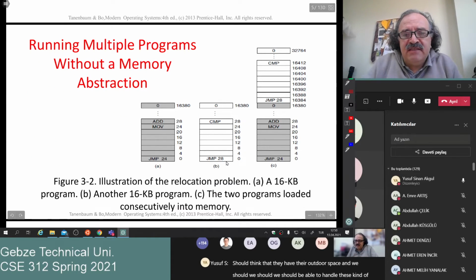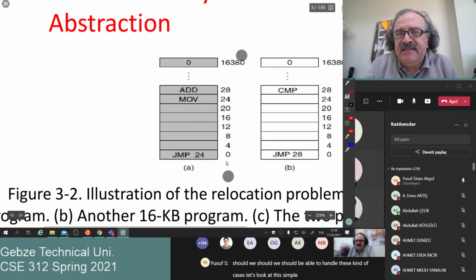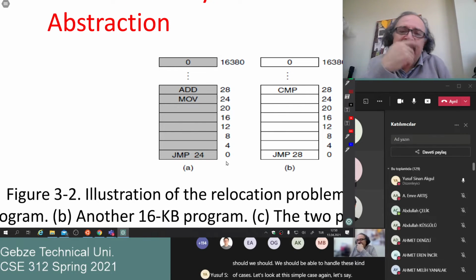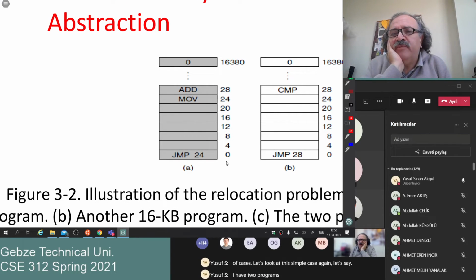Let's look at this simple case again. Let's say I have two programs. Forget about the operating system. Let's say we are doing things without the operating system, a hypothetical situation.